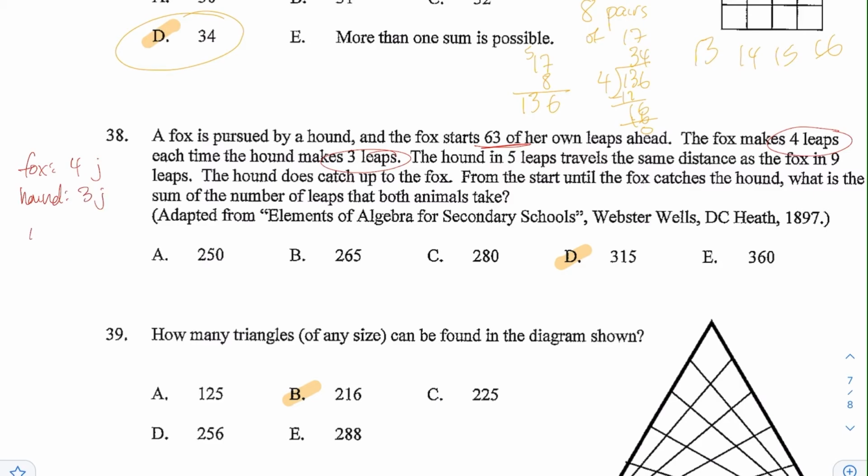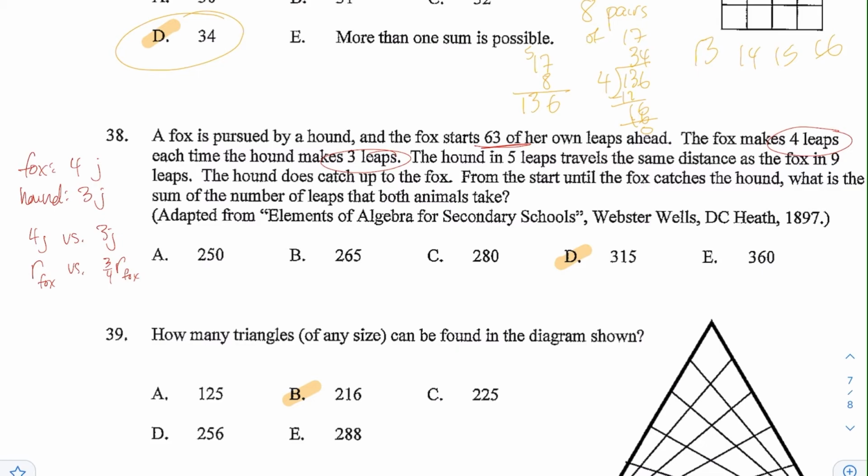Essentially, the hound is 3/4 the speed of a fox. So the fox speed, we can call that R, the rate of the fox. The hound's speed will be 3/4 of R, because 3 is 3/4 of 4.